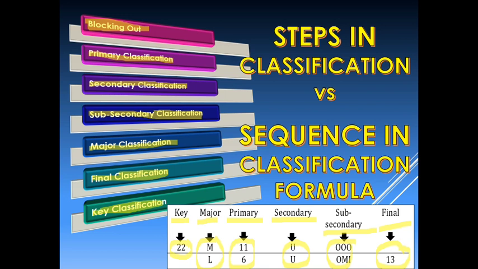Again, in the steps, first is the primary, followed by the secondary, followed by the subsecondary, and then the major classification, and then the final classification. These are the steps, and last is the key classification.